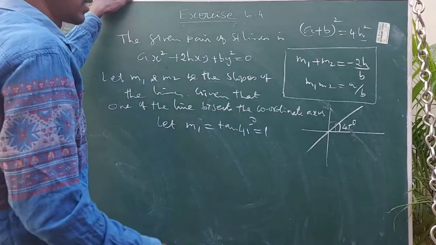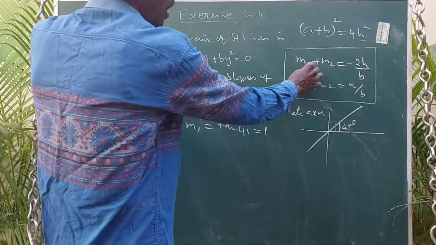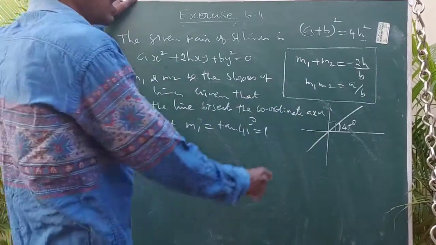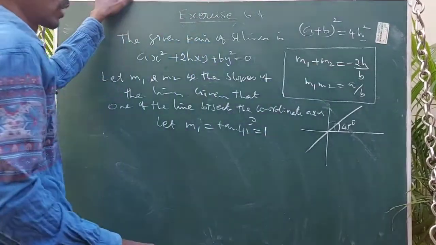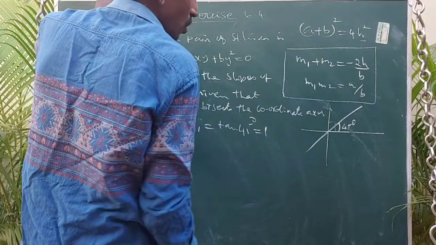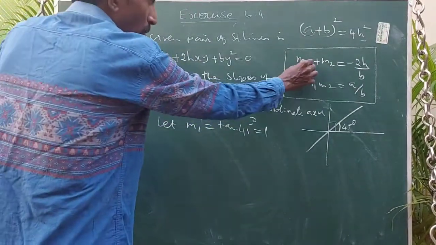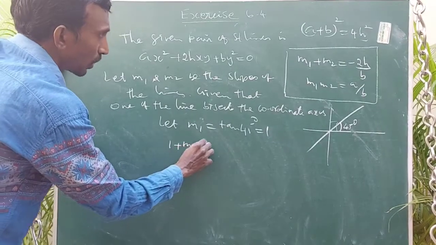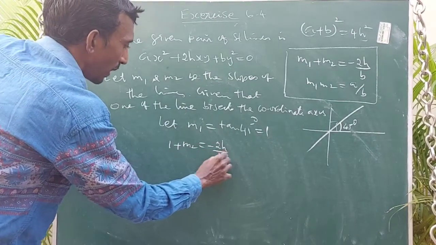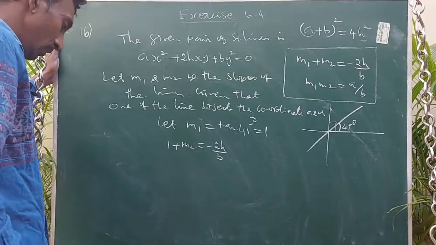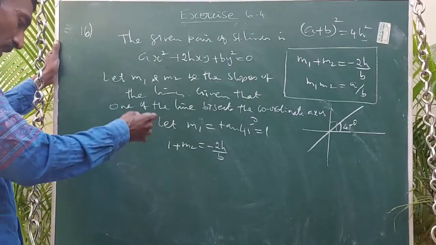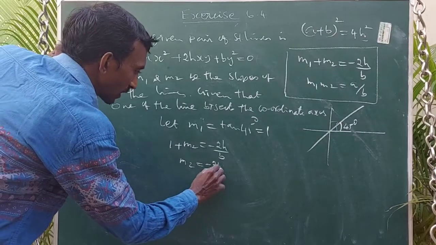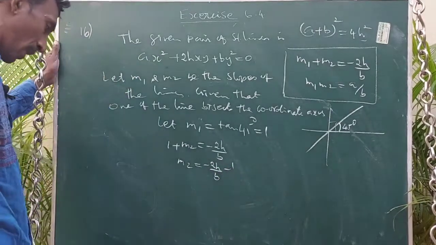Already we got that for a pair of straight lines passing through the origin, the sum of the slopes is −2h/b and the product of the slopes is a/b. So put m1 = 1 in both equations. We are getting 1 + m2 = −2h/b. And you can write m2 = −2h/b − 1.